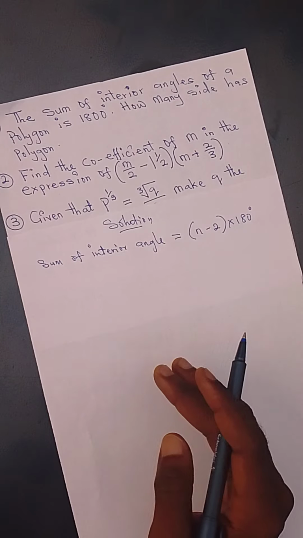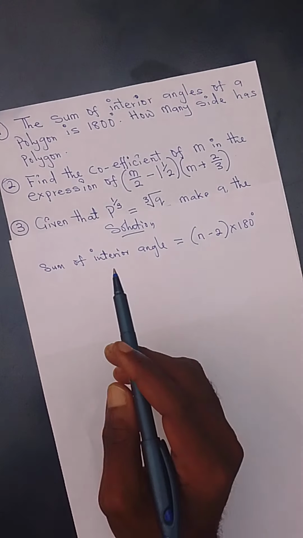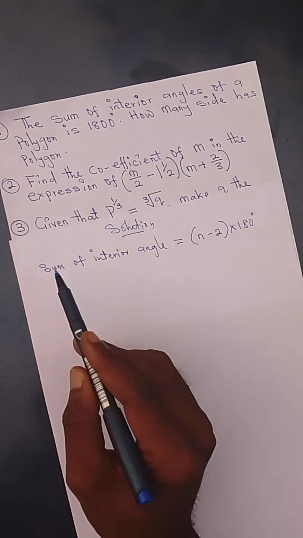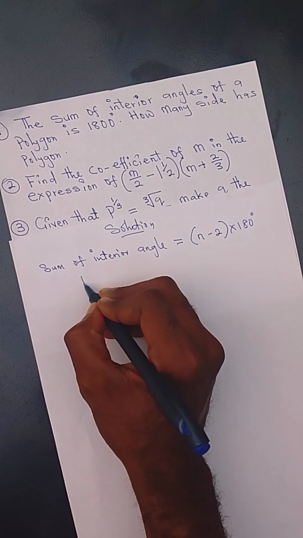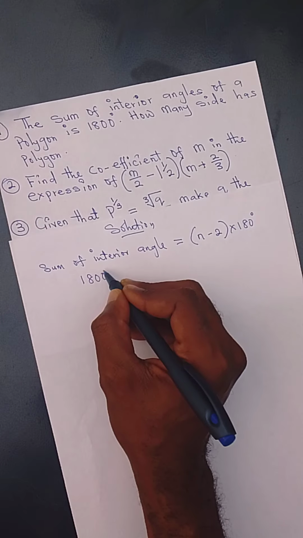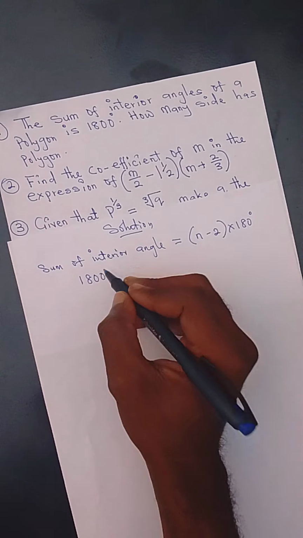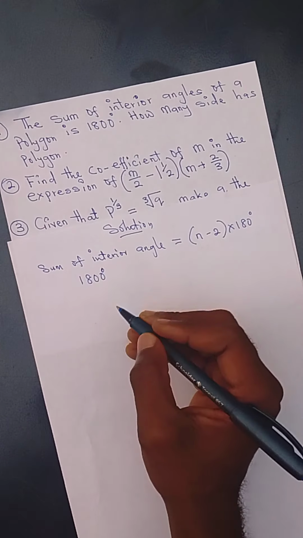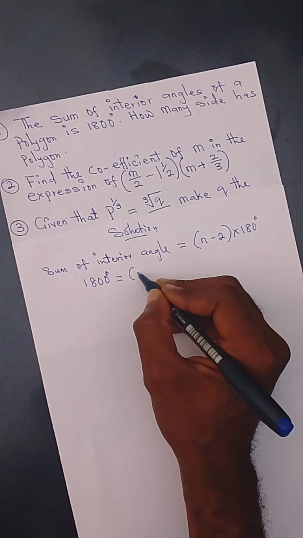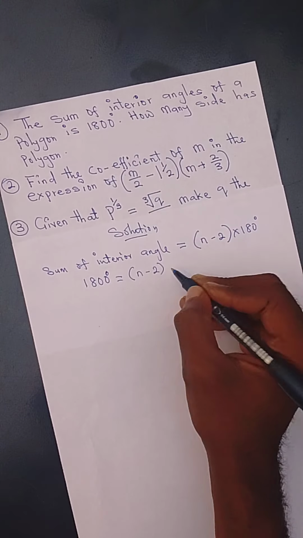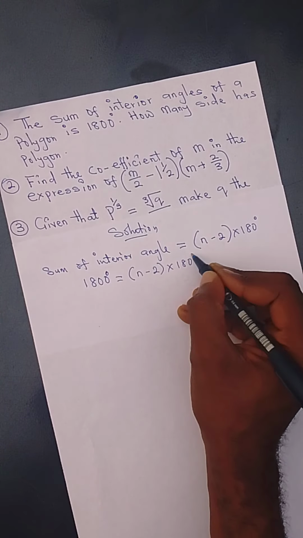Now in the question, they have given us the sum of the interior angles. So the sum of the interior angles from the question is 1800. So where we have the sum of interior angles, we just plug in 1800 degrees, which is equal to (n minus 2) times 180 degrees.